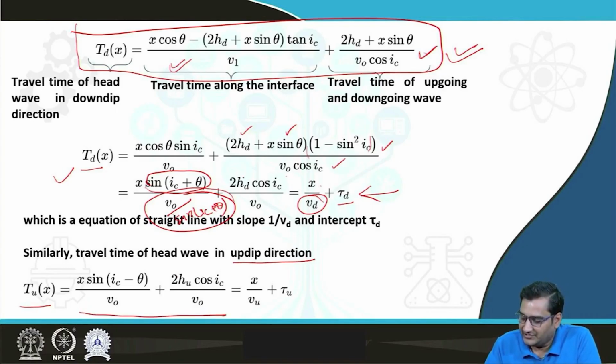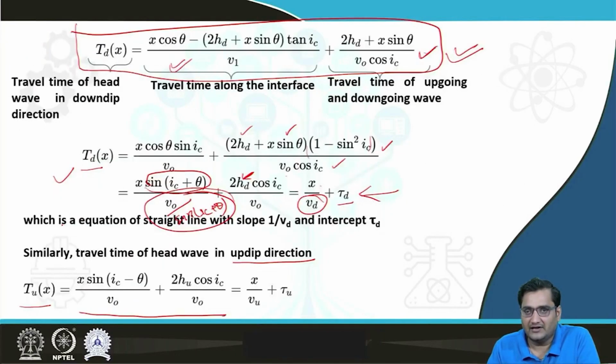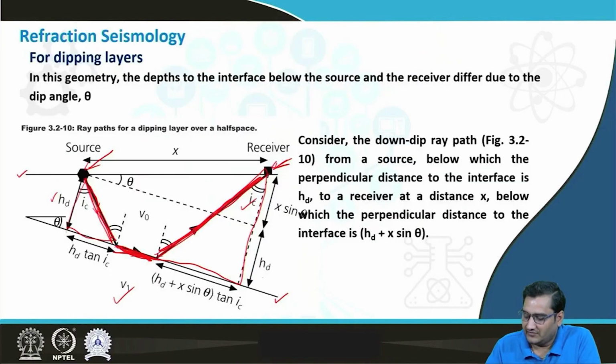So here HD that you are seeing is the perpendicular distance from source to the interface. Likewise here you have HU. When you have the source in this particular position, then this will be called HU.